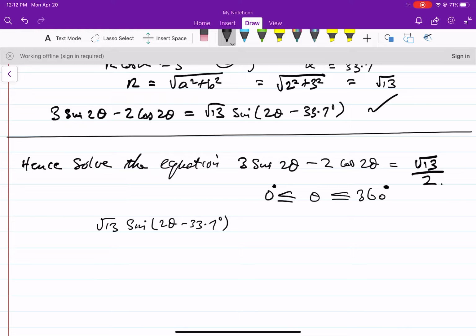What we're going to do, we're going to put that instead equal to root 13 over 2. The root 13s will go, and I end up with sine of 2 theta minus 33.7 degrees is equal to a half. So now I'm solving that for theta between 0 and 360.